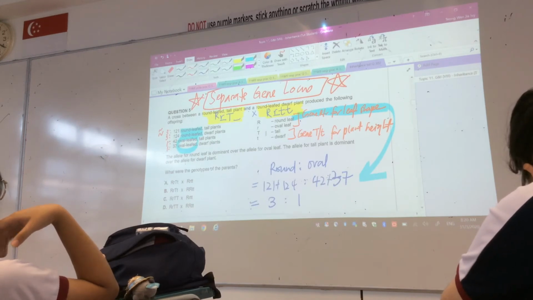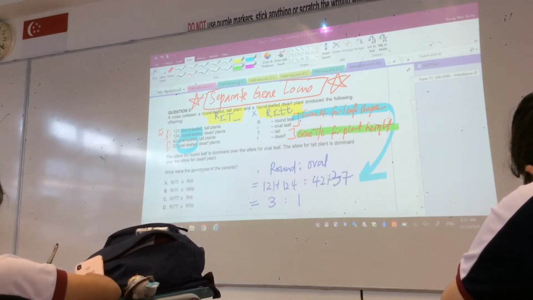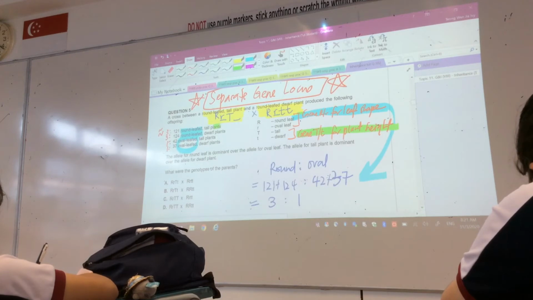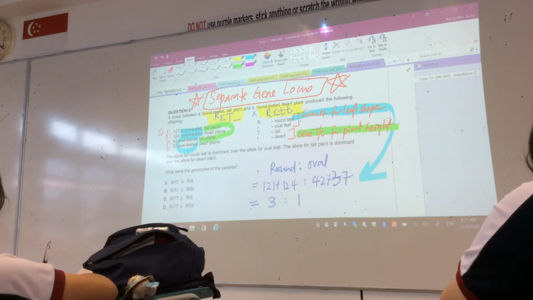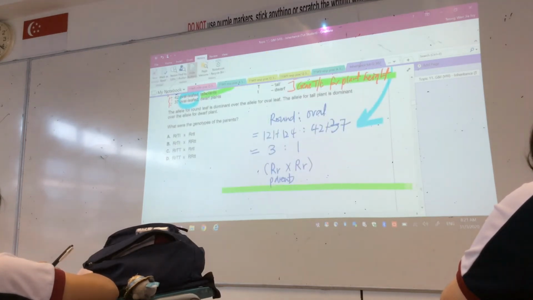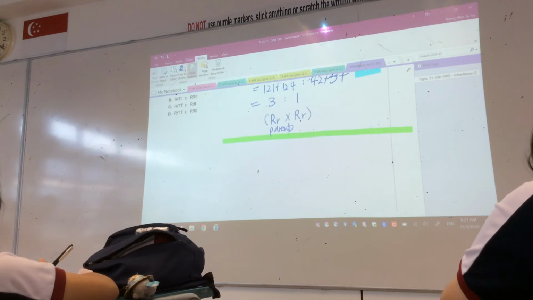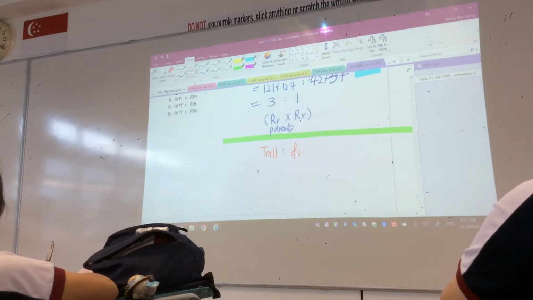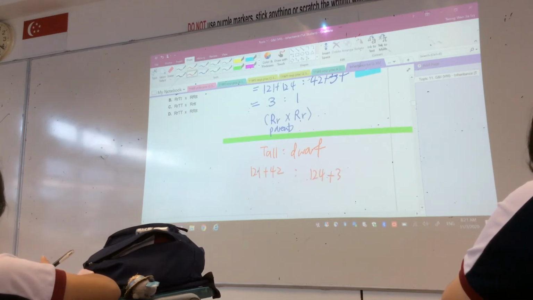So the second gene locus, I'm going to look at the plant height gene locus. I'm going to group up the tall plants with the tall plants and the dwarf plants with the dwarf plants. So what is the new ratio? Plant height, tall is to dwarf: 121 plus 42 is to 124 plus 37.